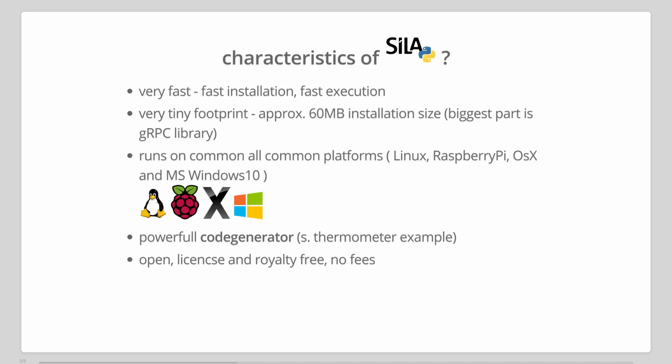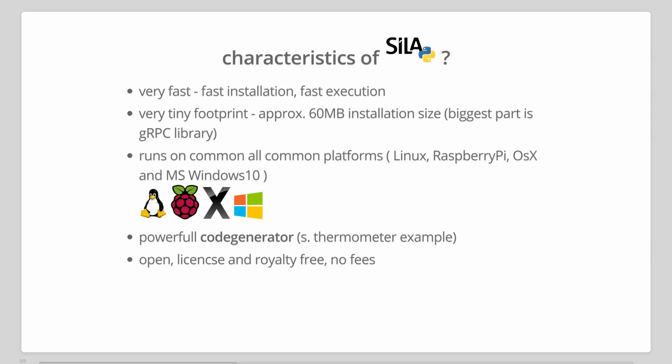We also try to keep the memory footprint small, also the footprint of the installation, which is around 60 megabytes, and the biggest part of that is the gRPC library. It runs on all common platforms, Linux for example, where it's mainly developed, Raspberry Pi, OS X and Microsoft Windows 10.